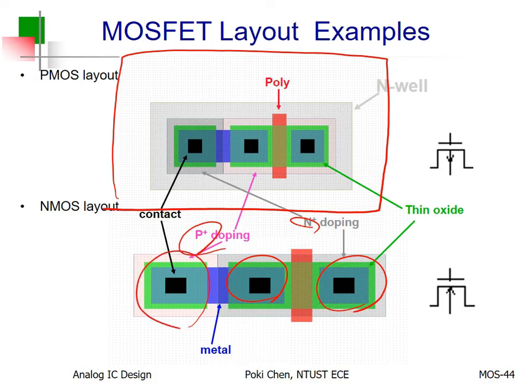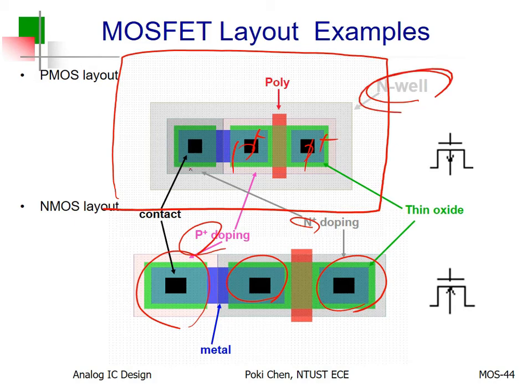On the contrary, PMOS is inside NWell. So both the source and drain are highly doped to be P plus, right? But again, how about the body contact? Again, the body is N, right?